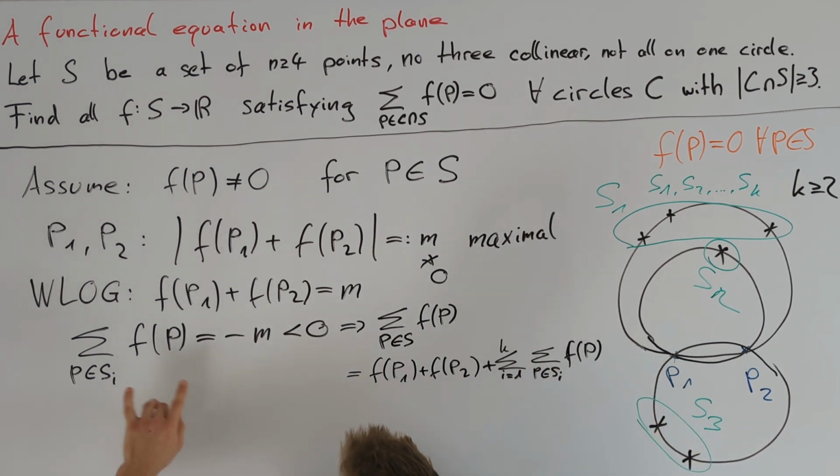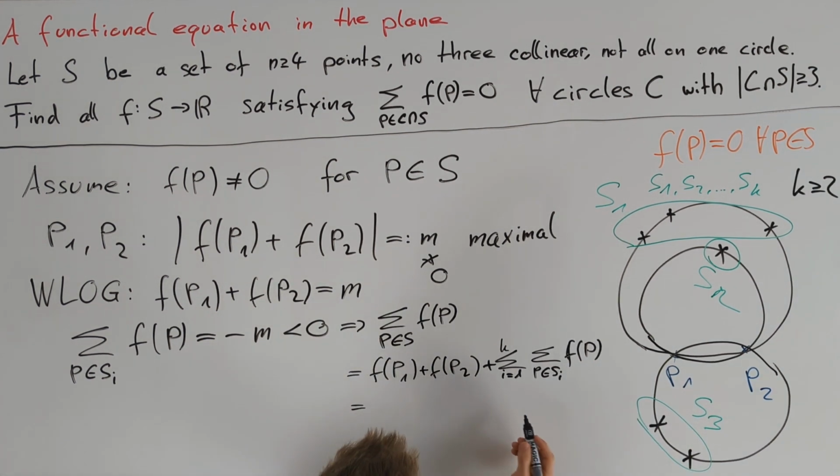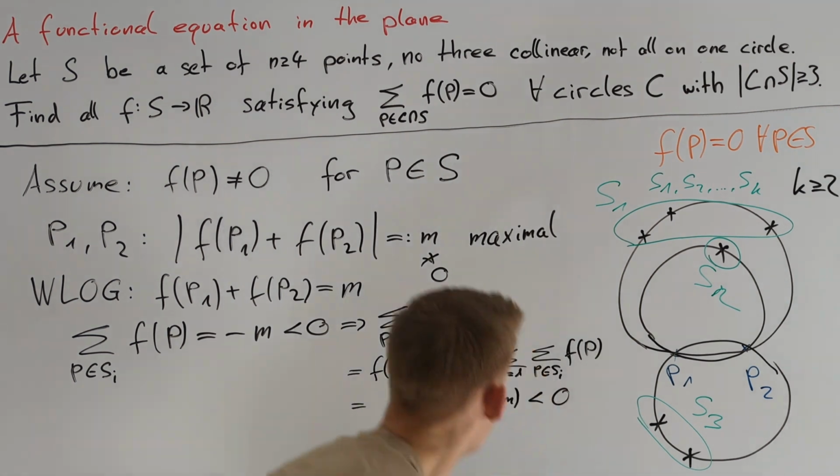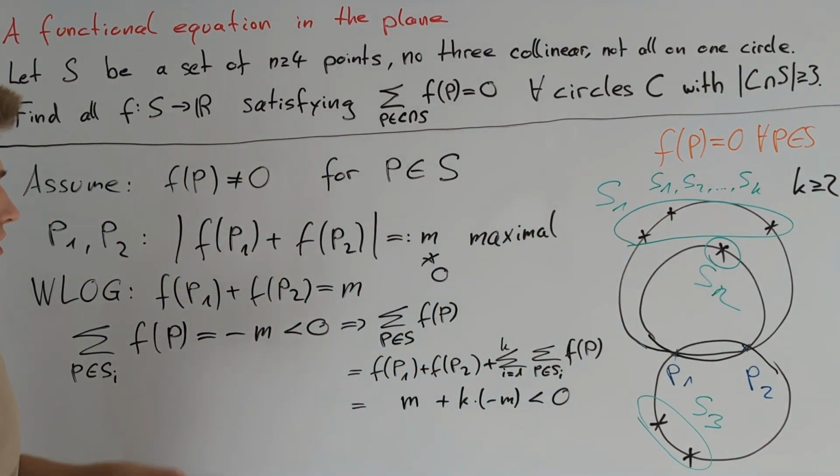And now we use this equation here, which tells us that this is equal to m plus k times minus m, and now since k is greater than or equal to 2, this is clearly less than 0.